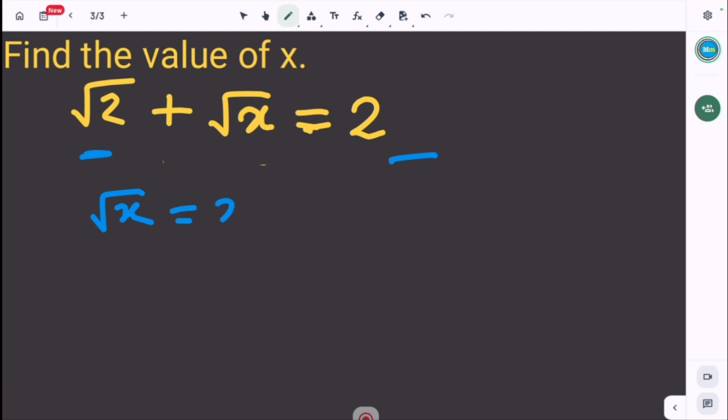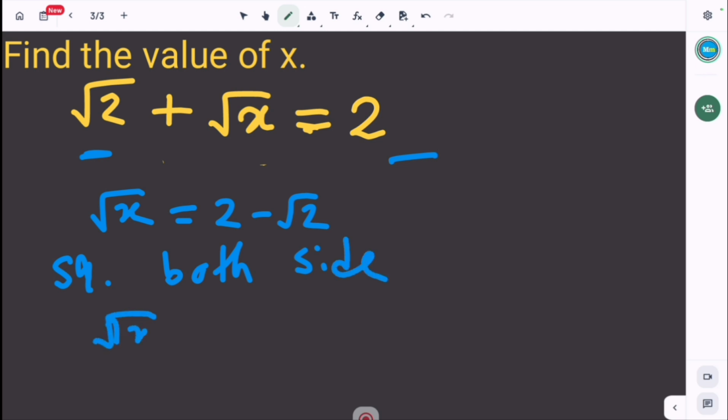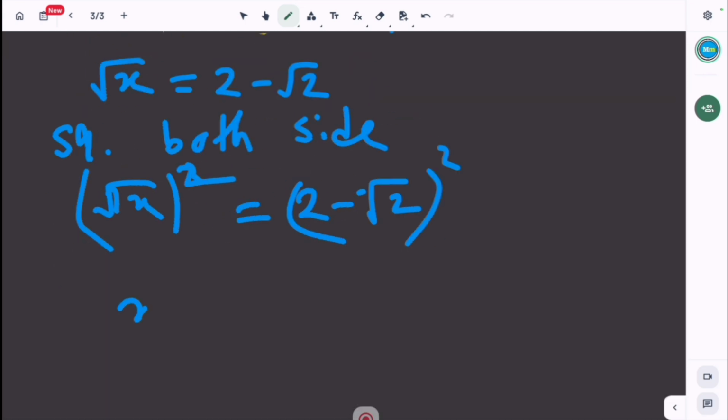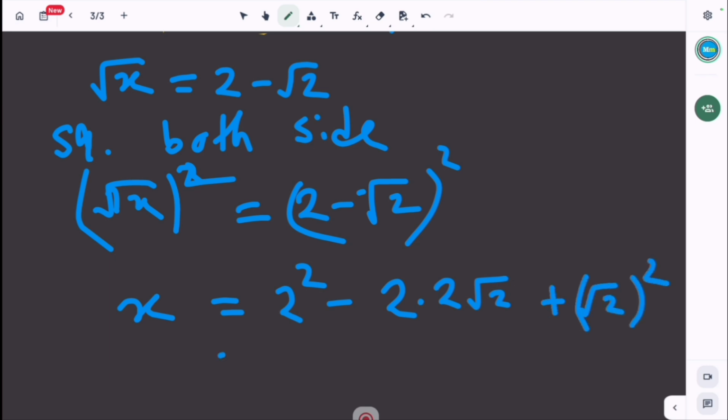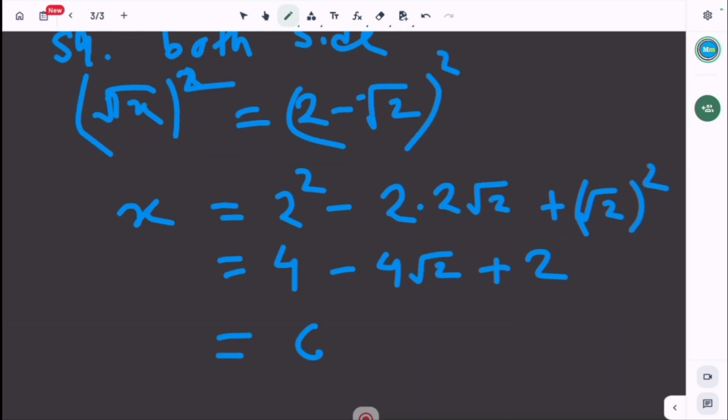Root x equals 2 minus root 2. Squaring both sides, root x whole square equals 2 minus root 2 square. x equals 2 square minus 2 into 2 into root 2 plus root 2 square, equals 4 minus 4 root 2 plus 2, equals 6 minus 4 root 2.